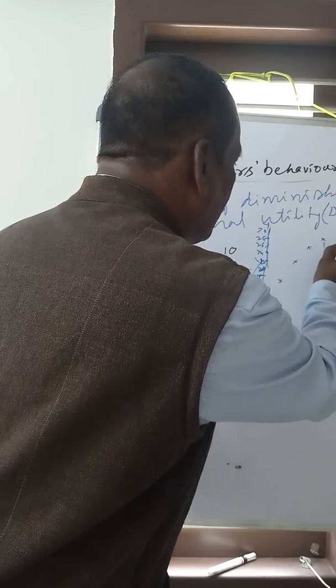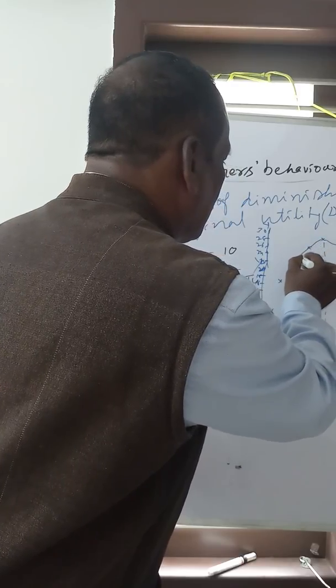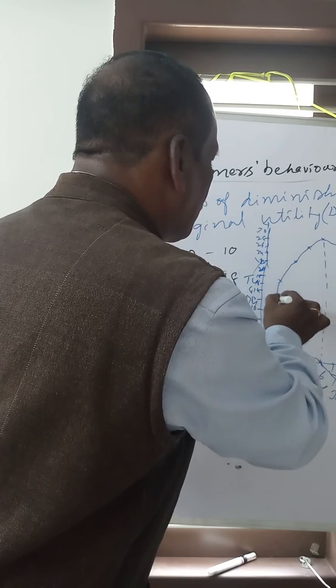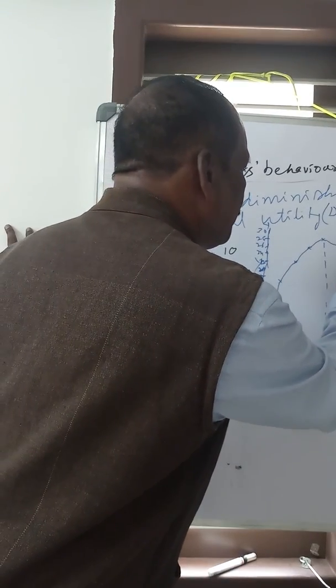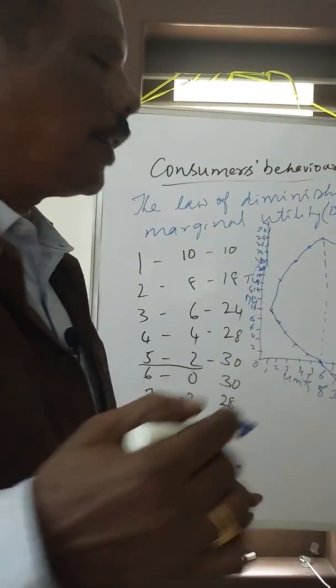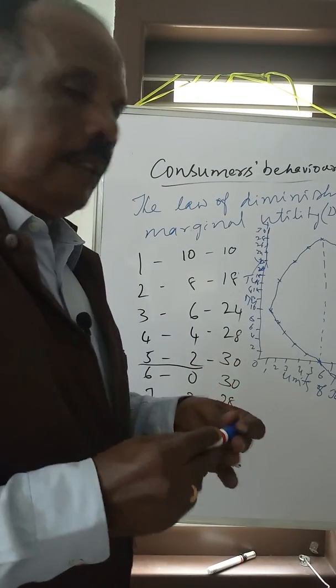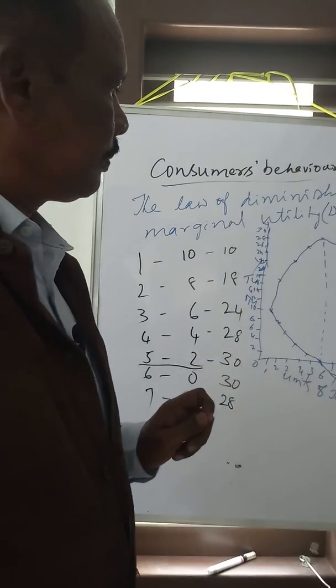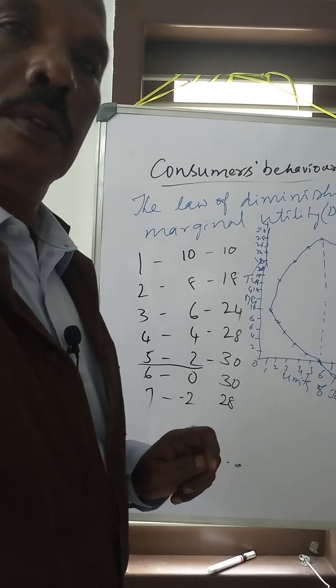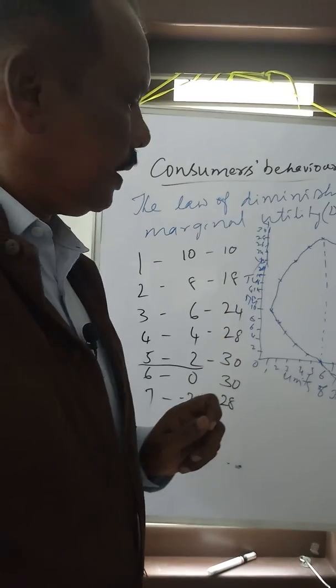Let us join this. This is the total utility curve. This is the marginal utility curve. So the diagram shows that two curves are drawn here.